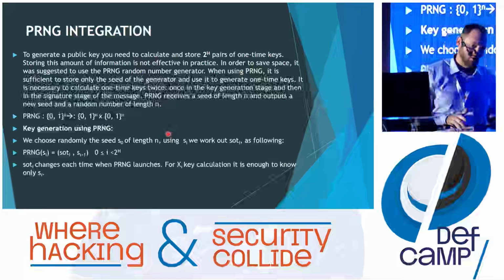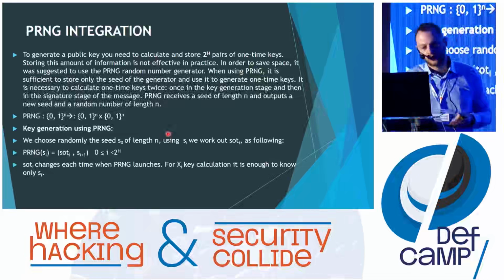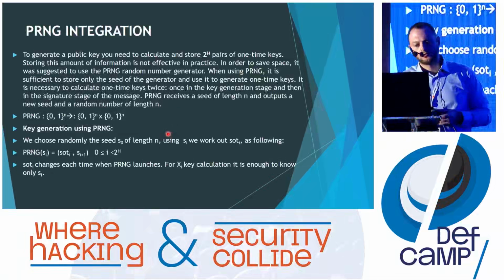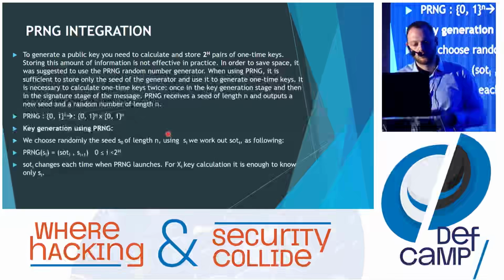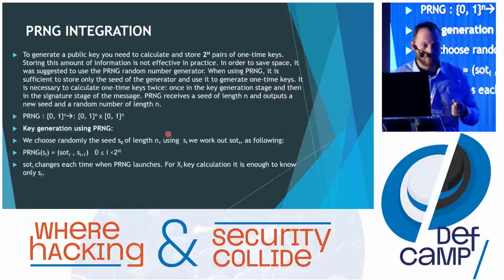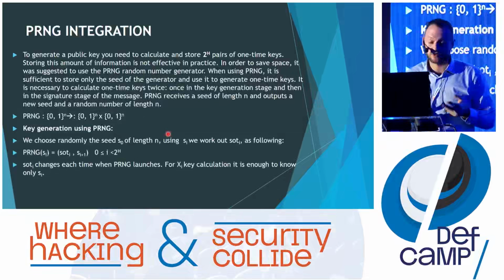As you see, here we have a lot of one-time keys, yes. So, in order not to generate so many signature keys, it was offered to use a pseudo-random number generator.